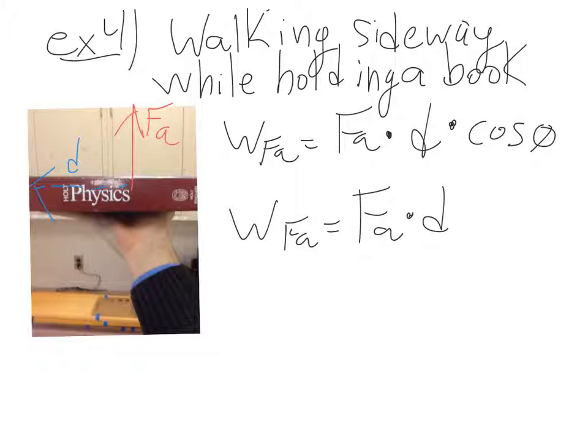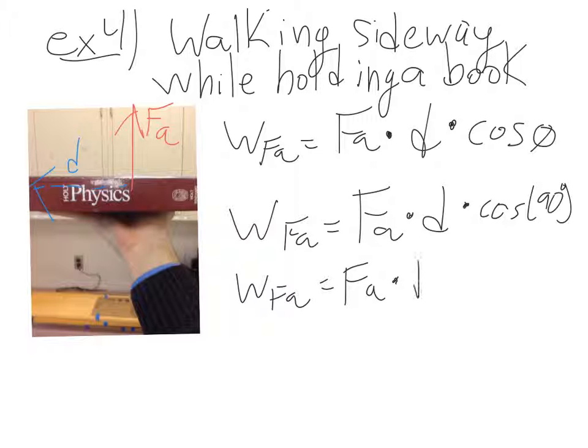So I'm going to do the cosine of 90 degrees now. And you may recall that the cosine of 90 is actually 0. So my work will be my applied force times my displacement times 0. In other words, in this case, I am doing 0 work. My applied force is doing 0 work on that book as I walk around the room.